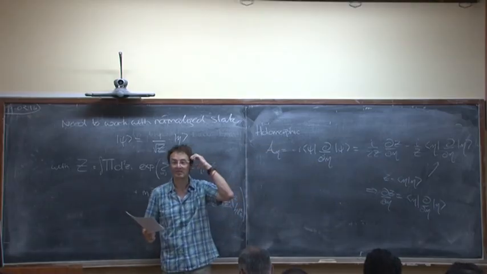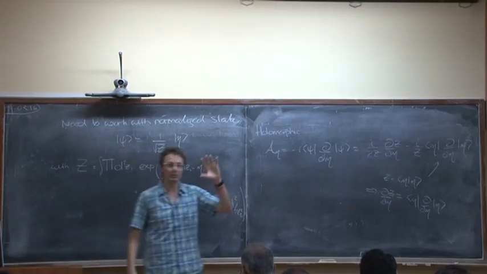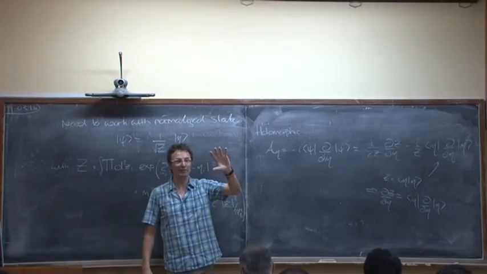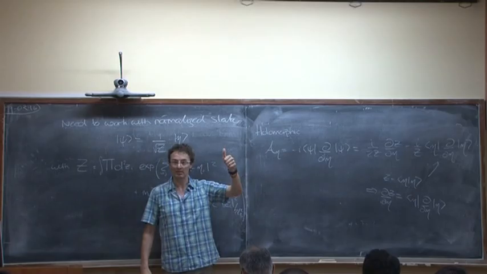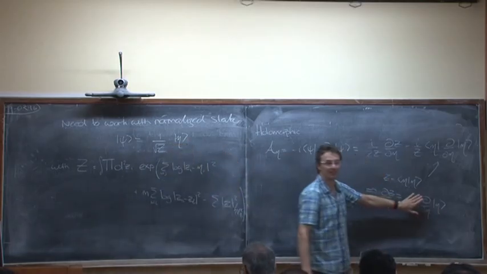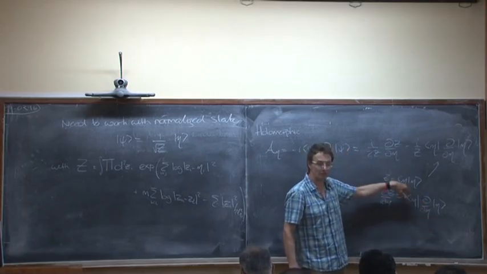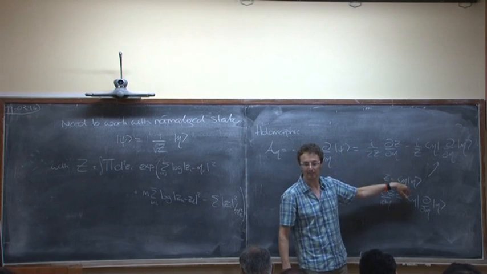Is there a question? Okay, this is because the original whole wave function depends holomorphically on eta. And the original whole wave function is the ket, which means the ket depends on eta but not on eta bar, and the bra depends on eta bar but not on eta.